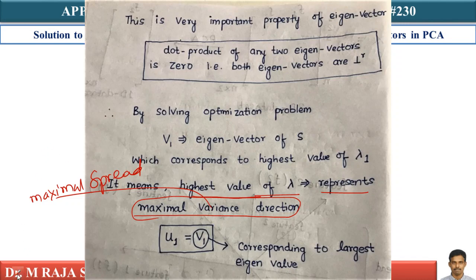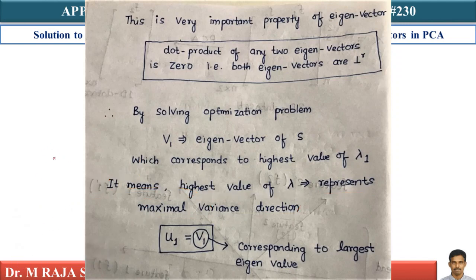What you have to find in the optimization problem in lecture number 2 is U1. U1 is essentially V1. What is V1? V1 is an eigenvector corresponding to the largest eigenvalue. This is very, very important. In the beginning itself, we were saying that we have to find U1. U1 is V1, the eigenvector corresponding to the largest eigenvalue.